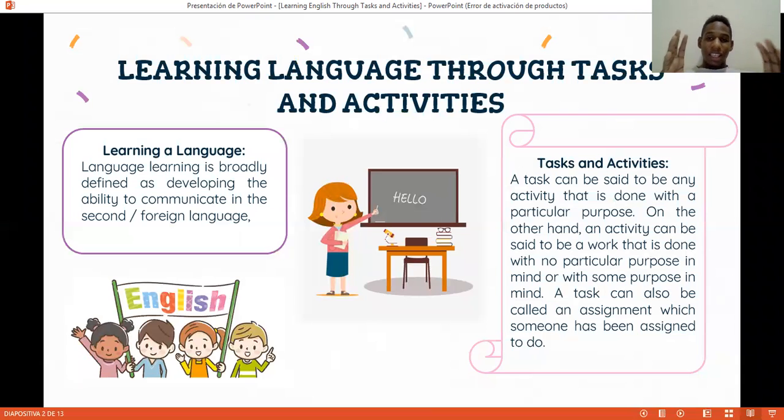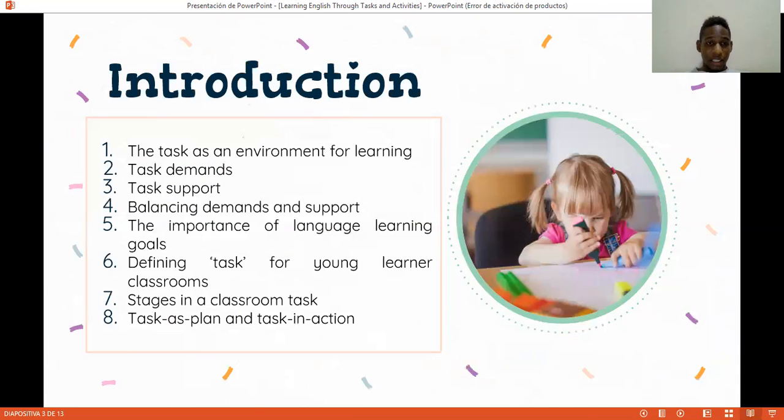In this way, these two concepts have to be combined. An activity is made with different tasks in which our students will develop their communicative abilities or their skills in that foreign language. Okay, let's continue.